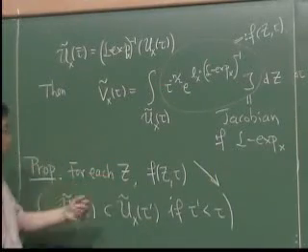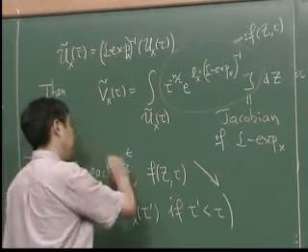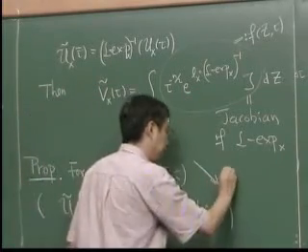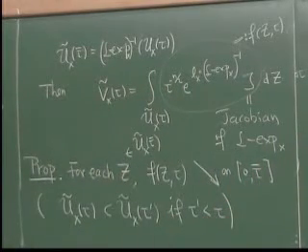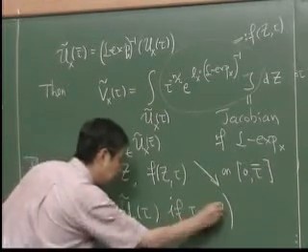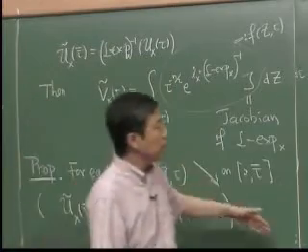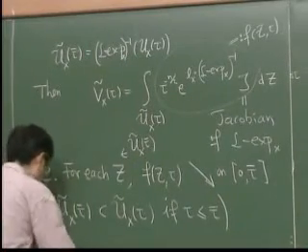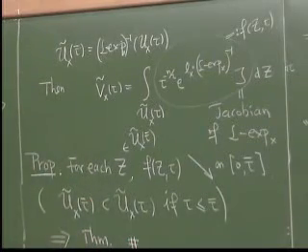So if you fix some tau bar, and you do, let's see, L on 0 to tau bar. So that's what I have. Then if you use this, you can also deduce the monotonicity. The computation is the same.